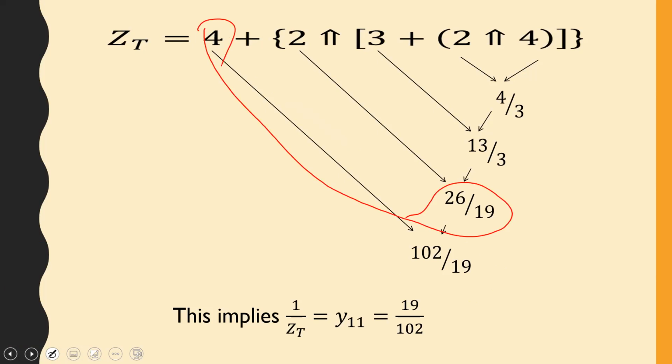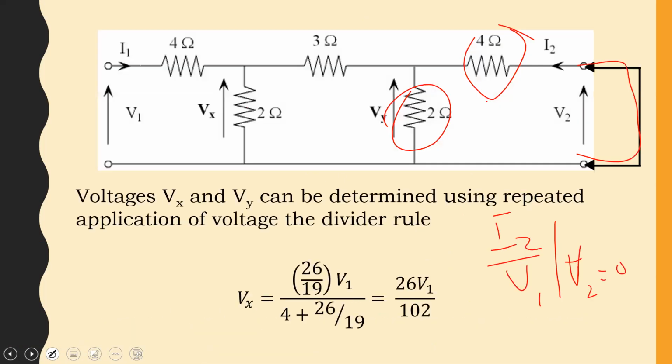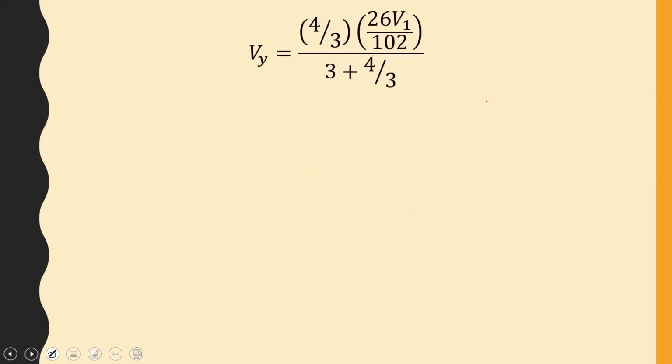That will give us Vx, and then between 3 and 4/3 for Vy. So that's what we did. So the 26/19, and then 3 and 4/3.